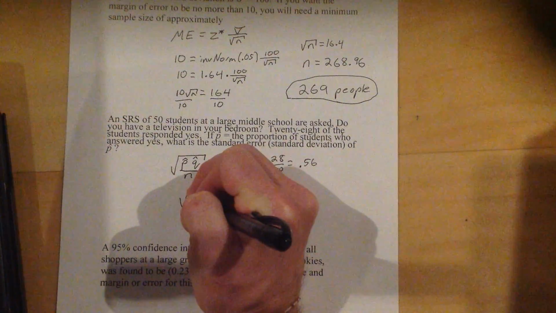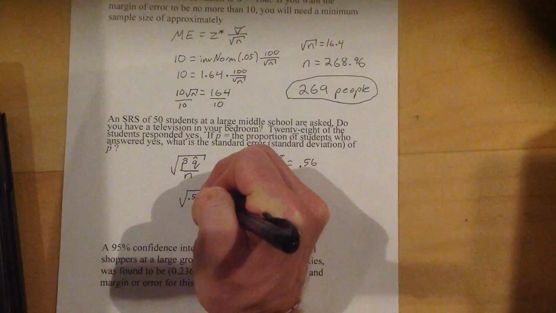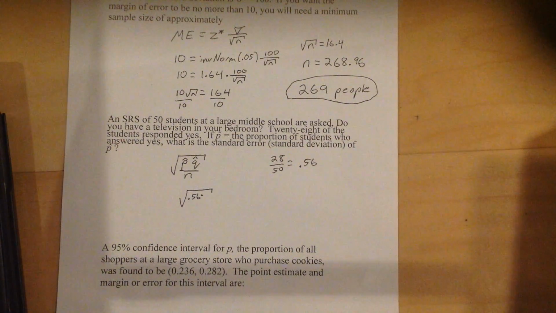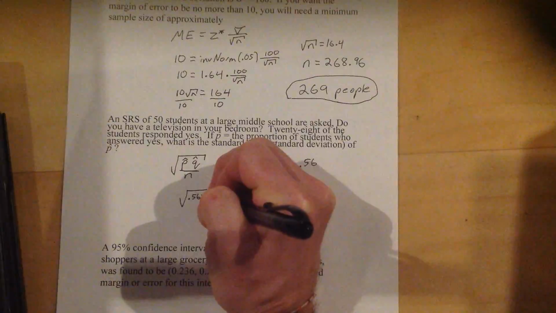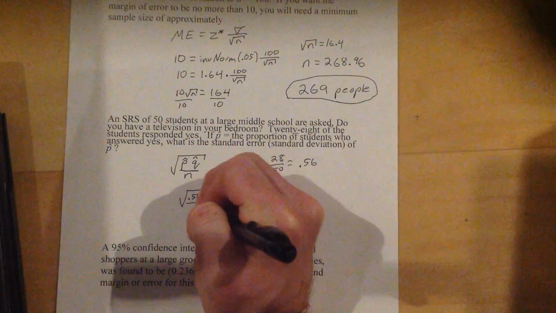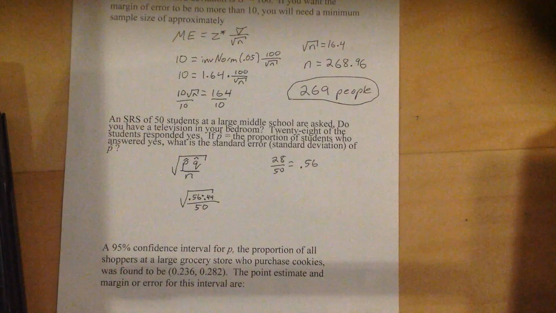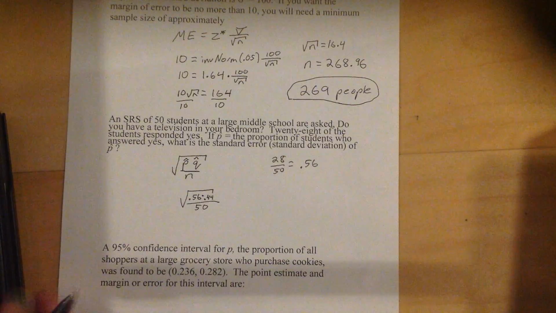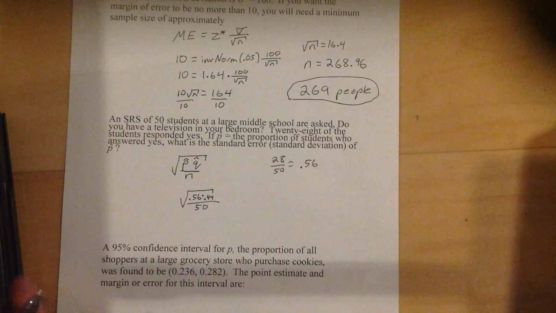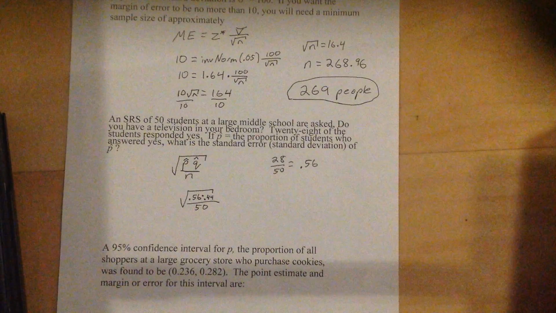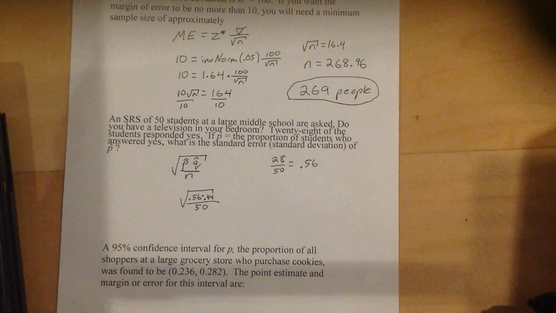P is going to be 0.56, and if P is 0.56, that means Q has to be 0.44, because those always add up to 1. And then our sample size was 50 from the problem. All right, so then it's just a matter of plugging those numbers into your calculator, working them out, and getting your final answer. And for this one, you should get 0.0702.